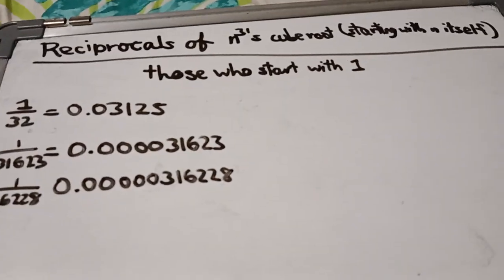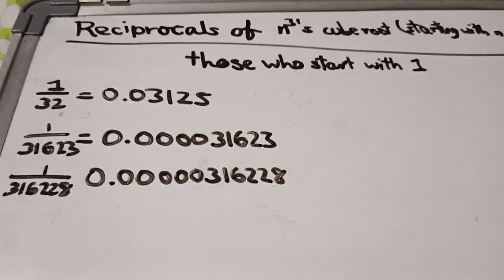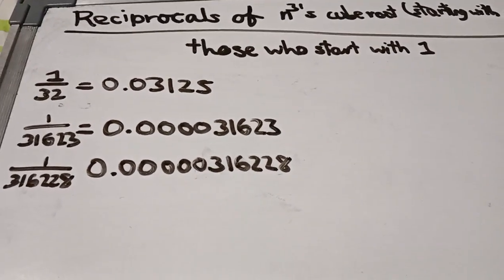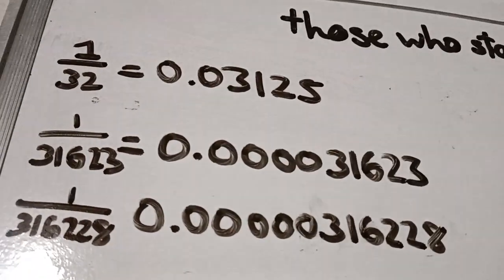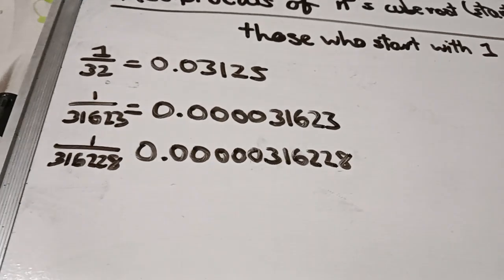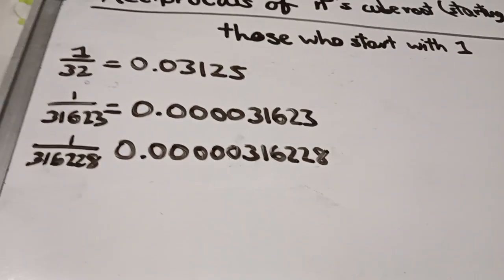You know those cube numbers, which end in the cube roots of the cube, for example 32. You know 32, it actually depends upon the number of zeros in its square.